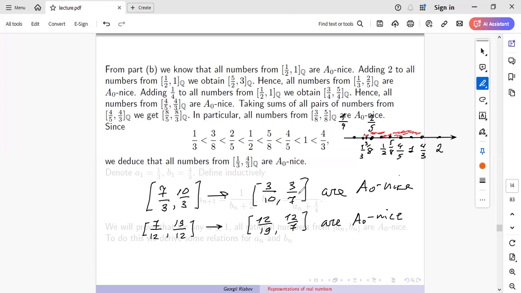Now, 3 over 10 is less than 1/3. 3 over 7 is bigger than 1/3. Okay, 12 over 19 is less than 4 over 3, and 12 over 7 is bigger than 4 over 3.